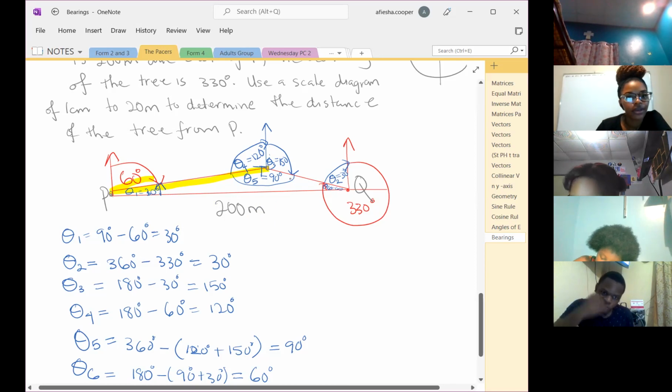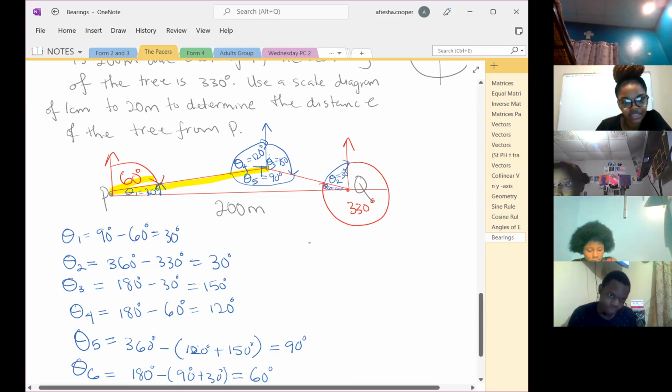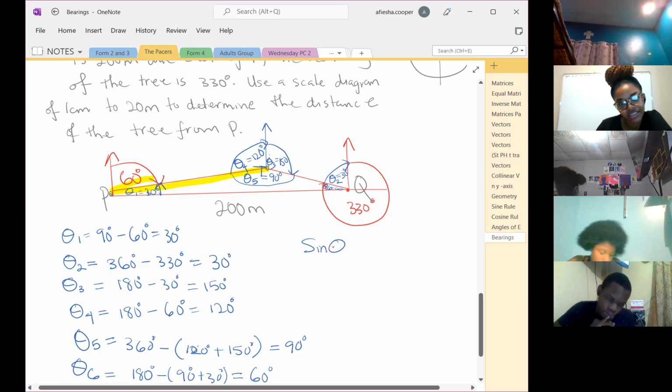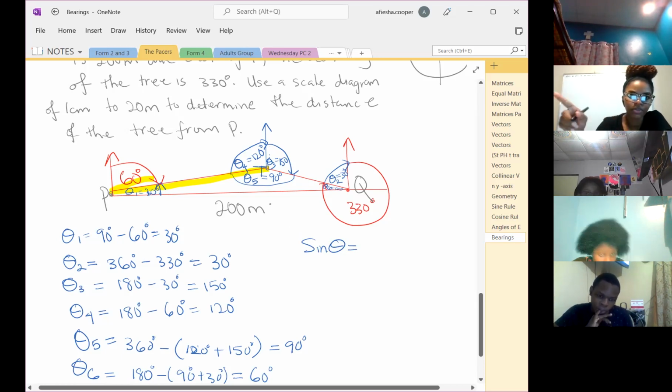30. So that'll be opposite over hypotenuse. If we use any 30, that'll be opposite over hypotenuse. Remember, this is the right angle and the hypotenuse will be the opposite line. Yeah?